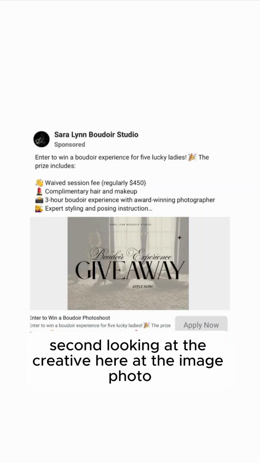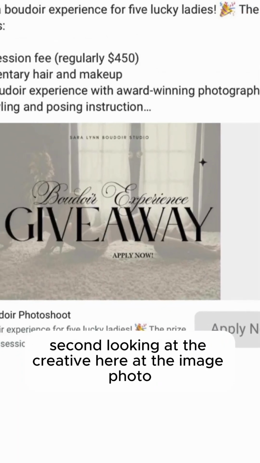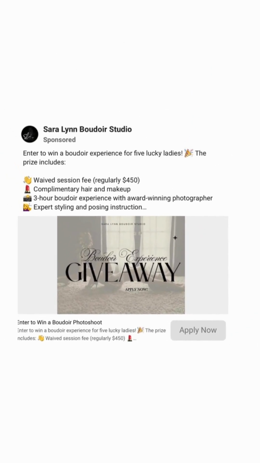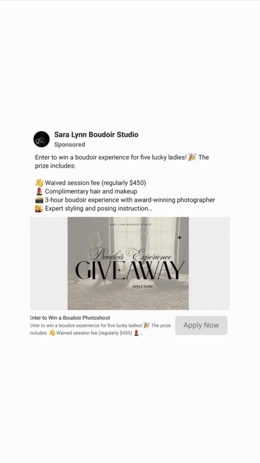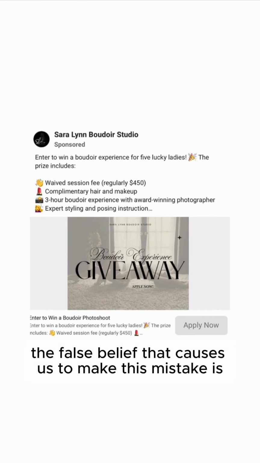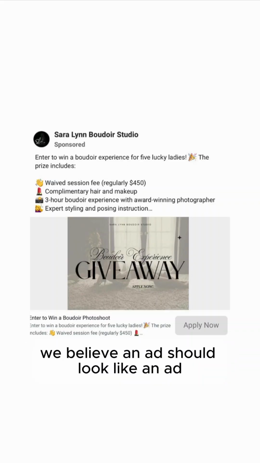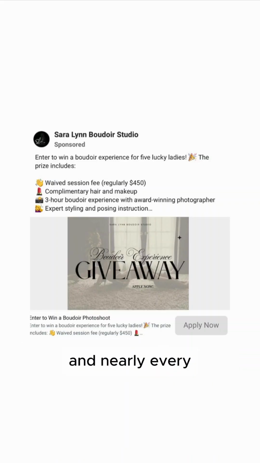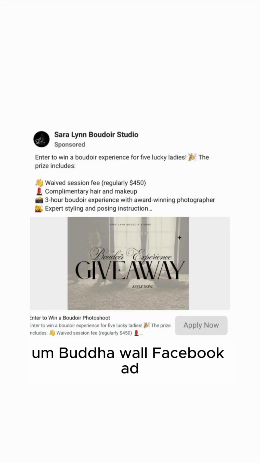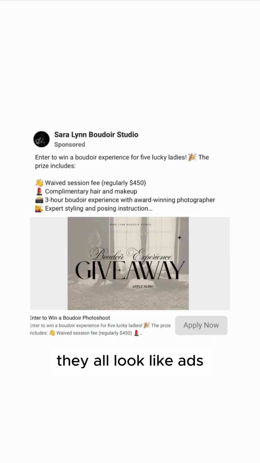All right, second, looking at the creative here, looking at the image, photo. So we got the looks like an ad mistake. The false belief that caused us to make this mistake is we believe an ad should look like an ad, because that's how we've seen most ads on Facebook and nearly every Boudoir Facebook ad. They all look like ads.